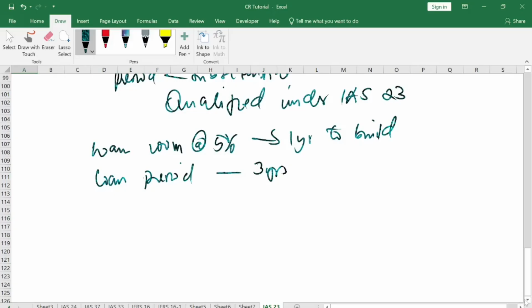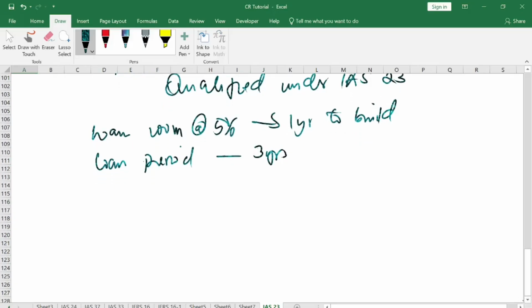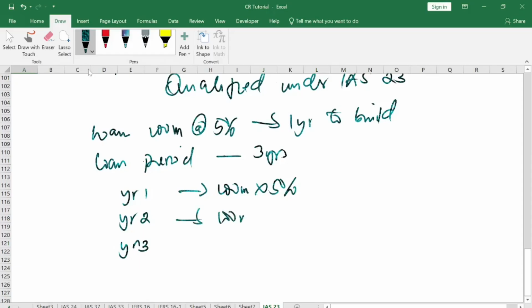If it's going to take you 1 year and nothing interrupted it, all you have to do is take the years. Year 1, year 2. It's going to take you 1 year to build. Now, let's see. You have year 1, year 2, and year 3. Every year you will have 100 million times 5%.